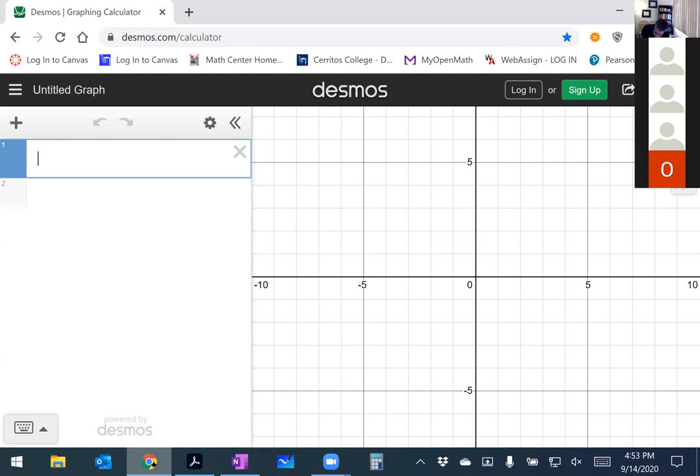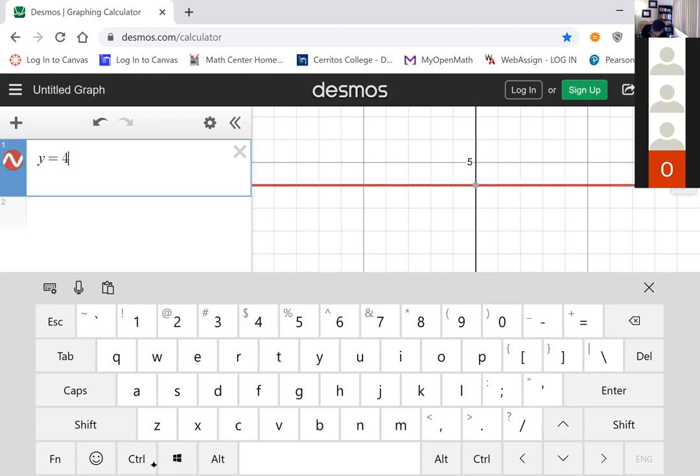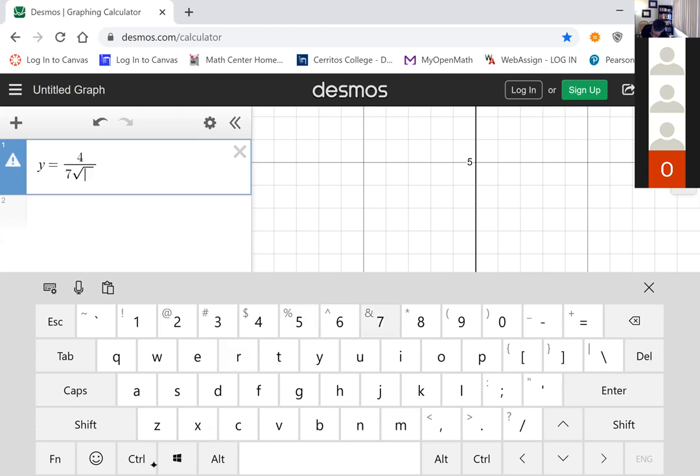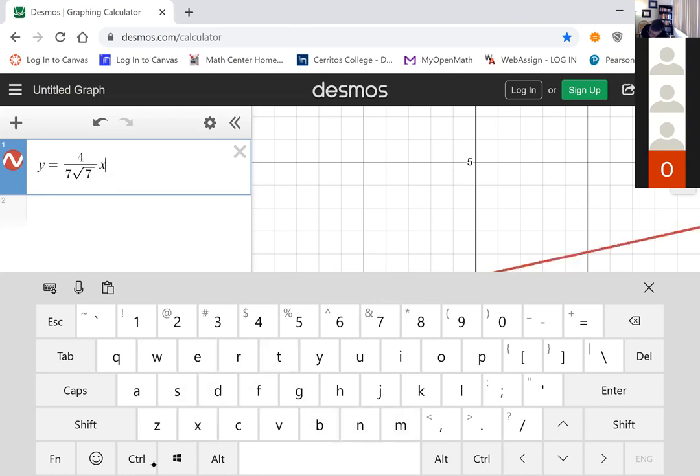Okay, so y equals, what did we have? We had 4 over 7 times the square root of 7, times x, times radical x.